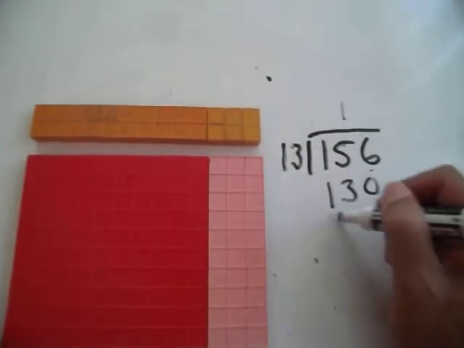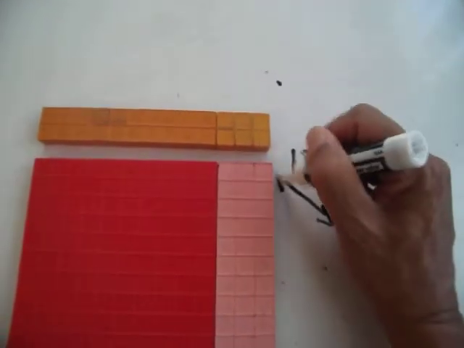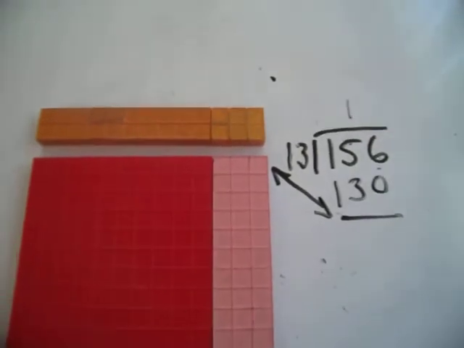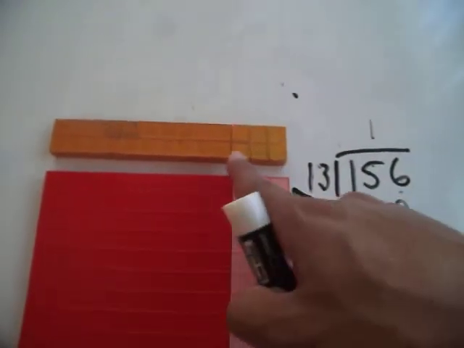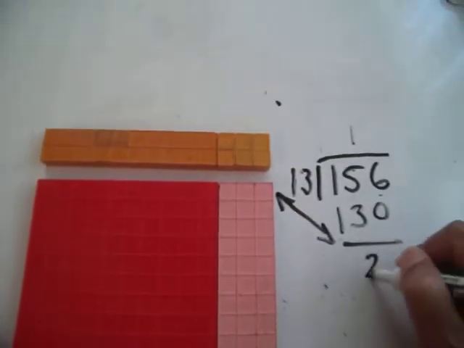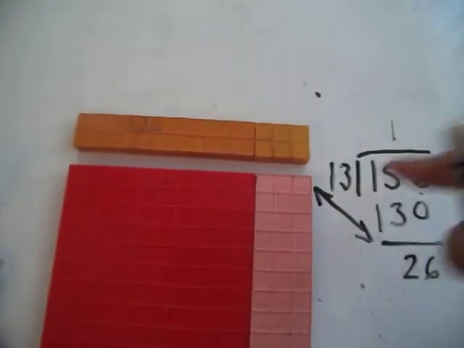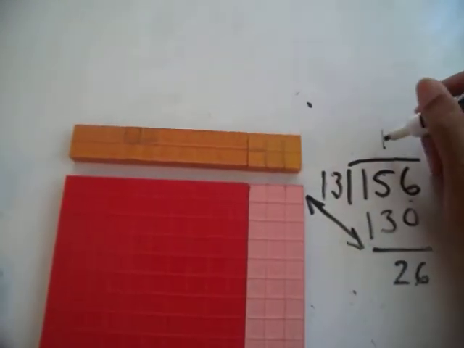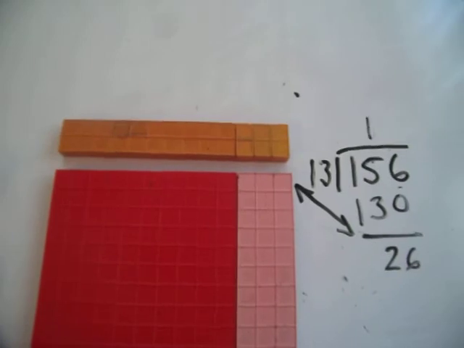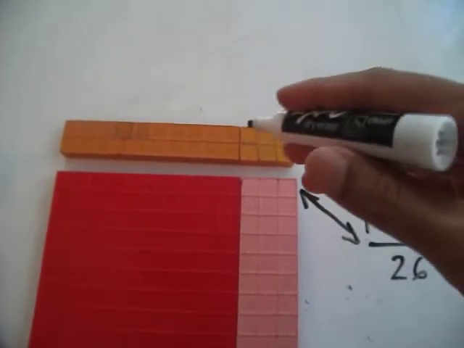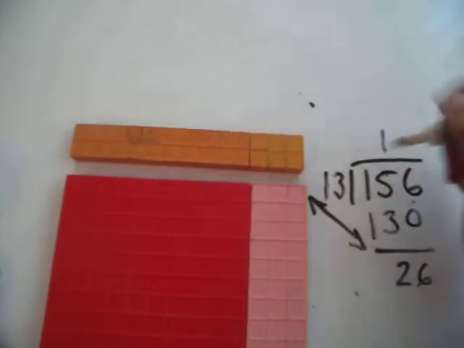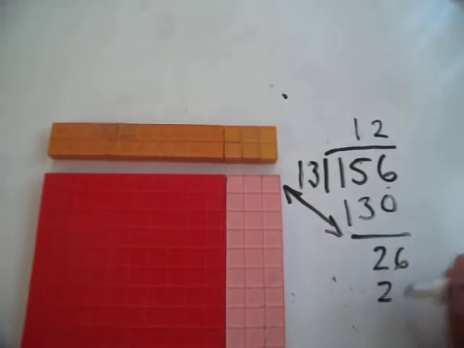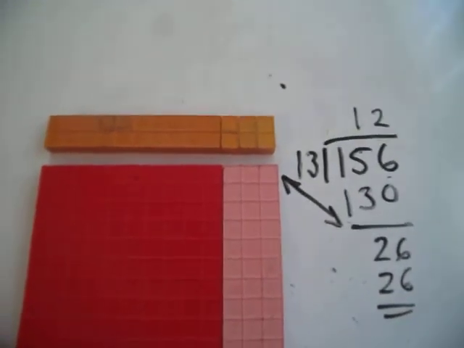Then what's left up there is 26. And I have 2 more to go across, and I have 26. Alright, here's the problem.